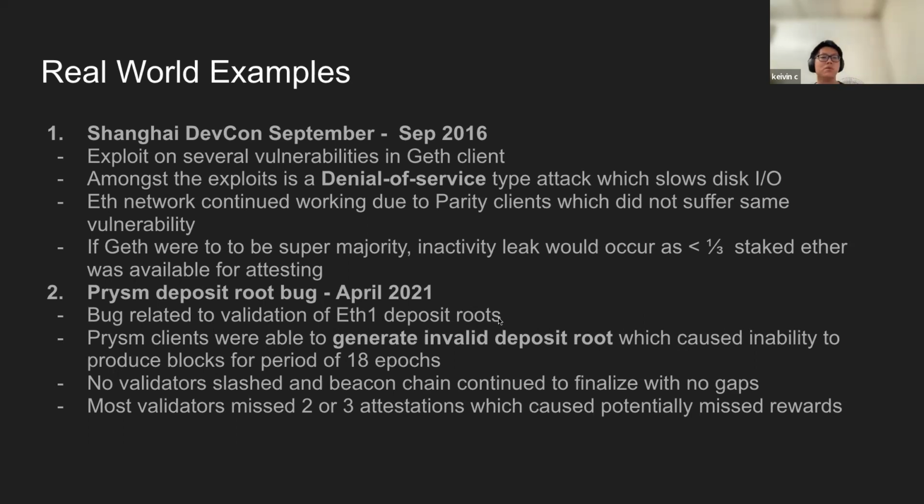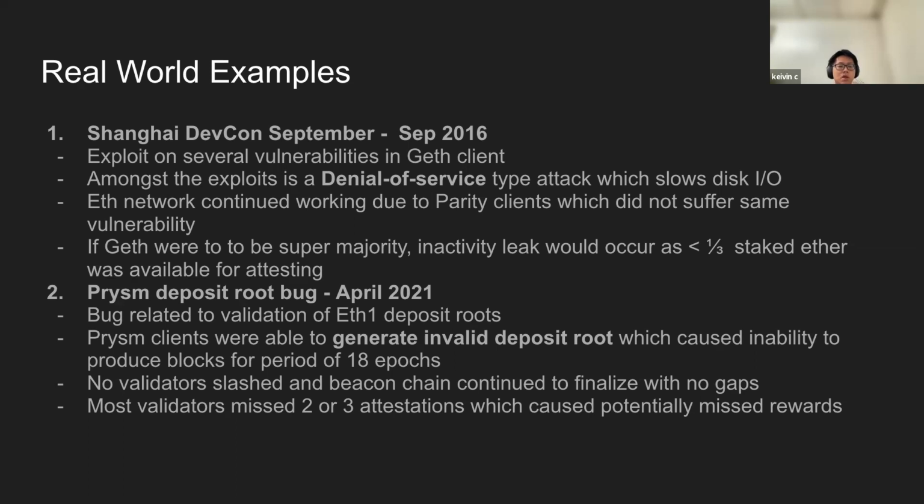So coming back to real examples, it's always good to have examples. In September of 2016, during a DEF CON held in Shanghai, there were a few exploits in the Geth client. Amongst the exploits was a denial of service attack, which slows down the disk IO, basically the read and write operations running in Geth clients. And this actually slows down proposing blocks for people who are running Geth. Thankfully, because of client diversity, Parity had the second highest market share at that time.